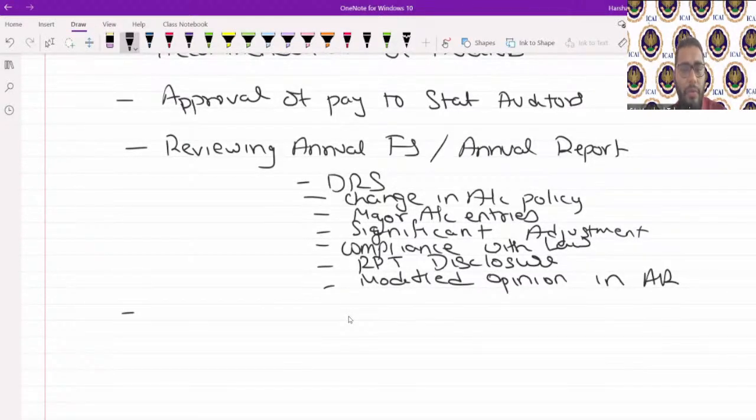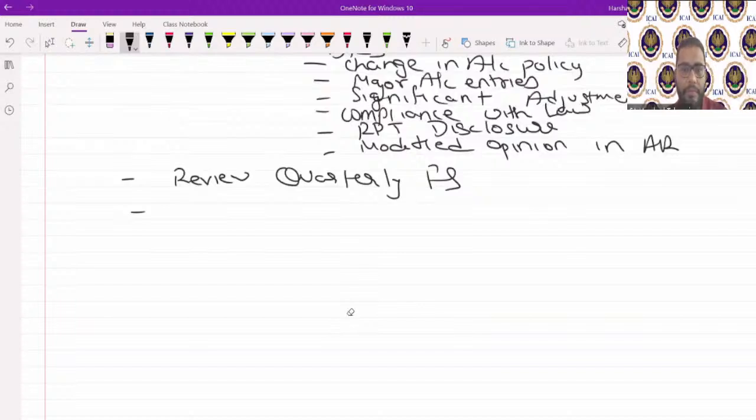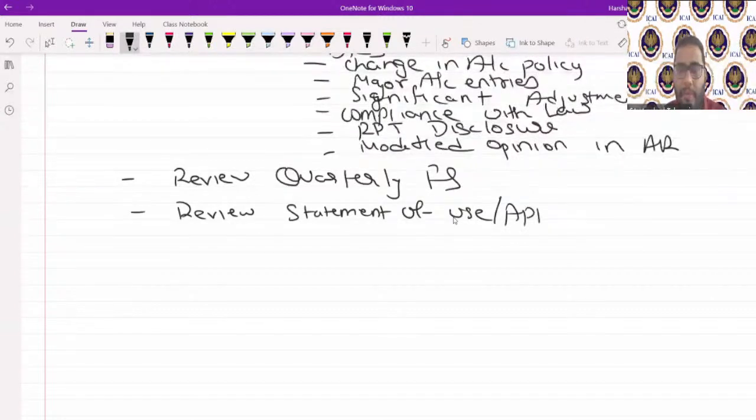Then they are required to review quarterly financial statement. Review statement of use and application of funds.